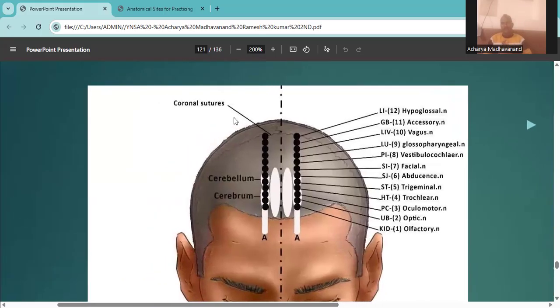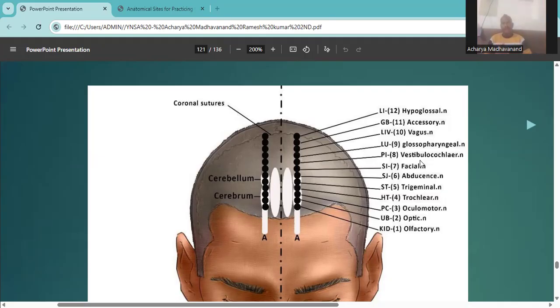Now you see all the points' location. All the points start from 1 centimeter above the hairline, from where the cerebrum point starts, where the A point ends.